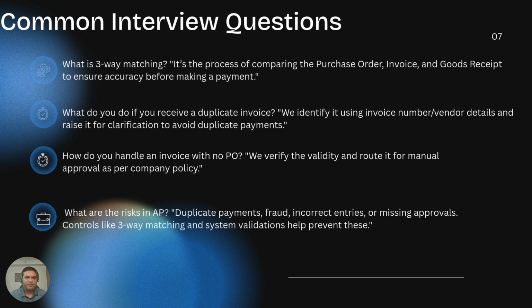So one of the important questions that you can expect is what is the risk in AP? The way you can answer is duplicate payments, frauds, incorrect entries, missing approvals. The way you can protect against or eradicate the risk in AP is by controls like three-way match process and system validations, which help prevent these kinds of risks.